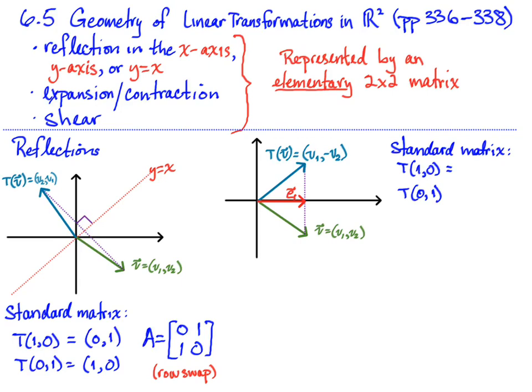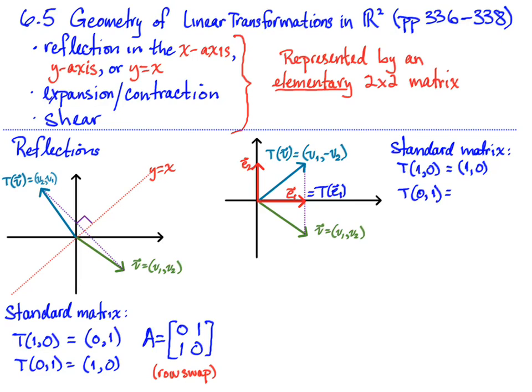Reflecting a vector that lies on a line, reflecting it across that particular line doesn't do anything. So the image of E1 is just E1. So the image of 1, 0 is 1, 0. It doesn't move.